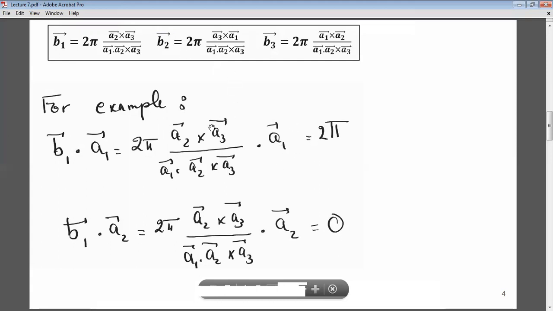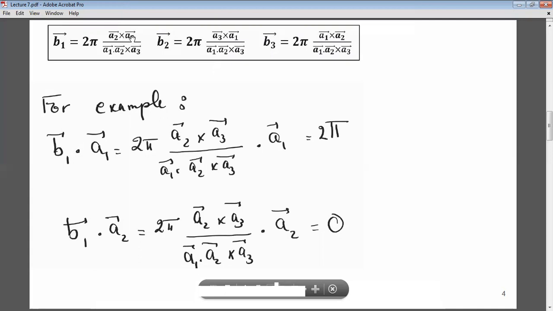Now look at the numerator and the denominator. This is A2 cross A3 dot A1. This is A1 dot A2 cross A3. So it's exactly the same thing. So this thing over here is 1. So what I'm left with is 2 pi times 1. So B1 dot A1 is indeed 2 pi. Okay. Let's take, for example, B1.A2.